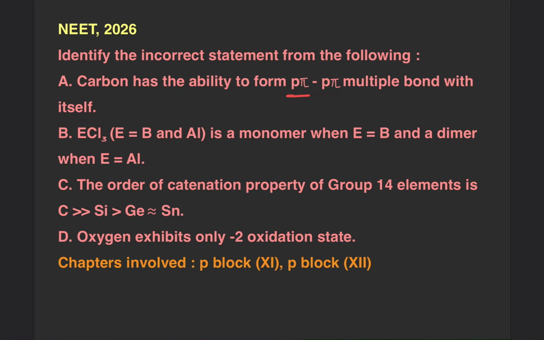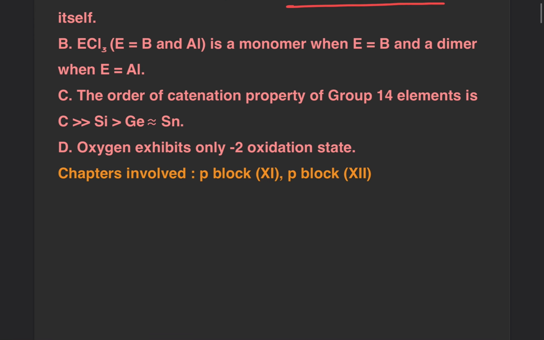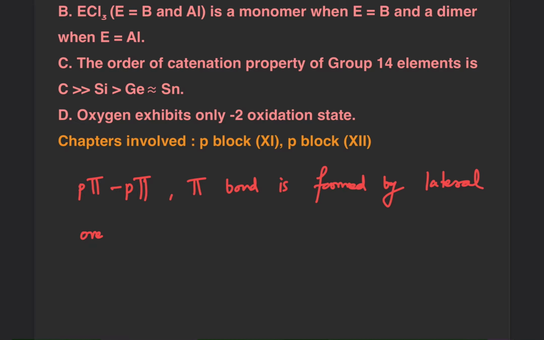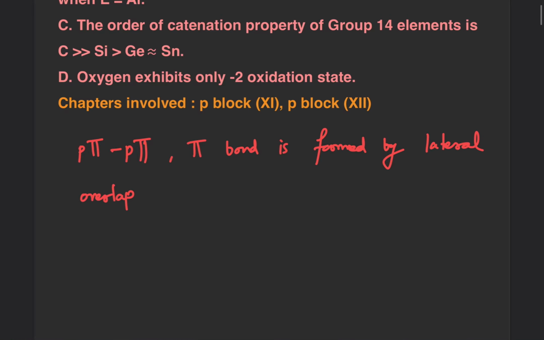Okay. P pi multiple bond with itself. So a p pi multiple bond is a chemical bond where a pi bond is formed by side or lateral overlap of two p orbitals from two atoms.